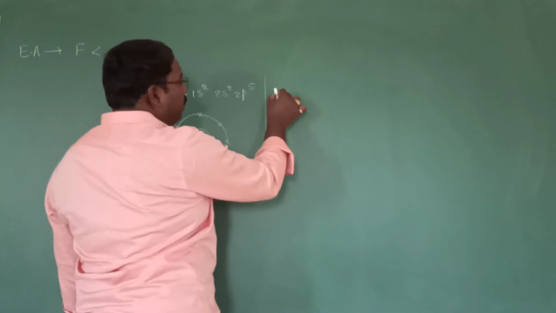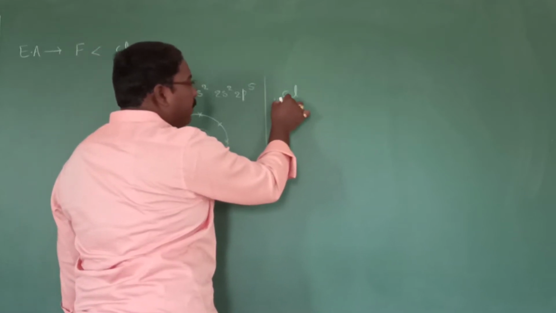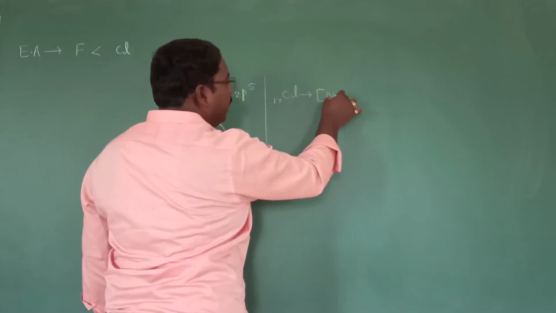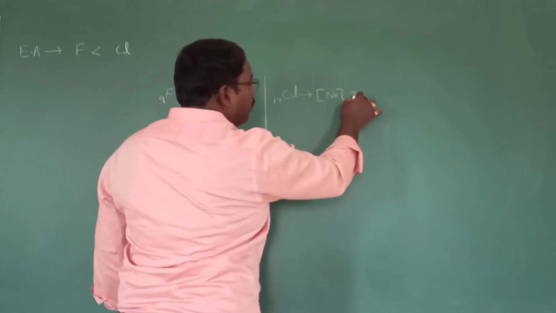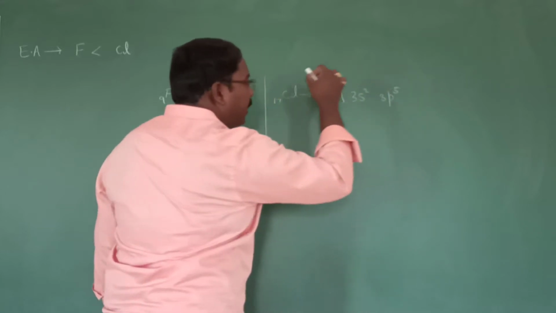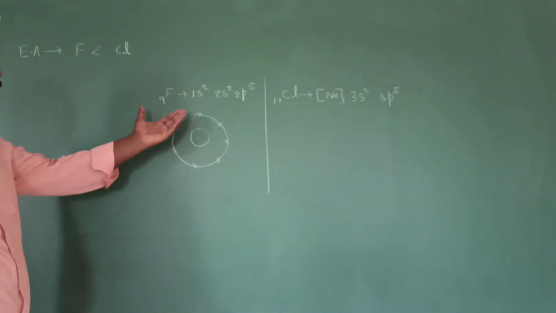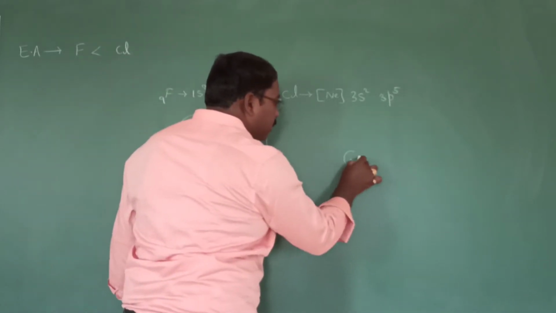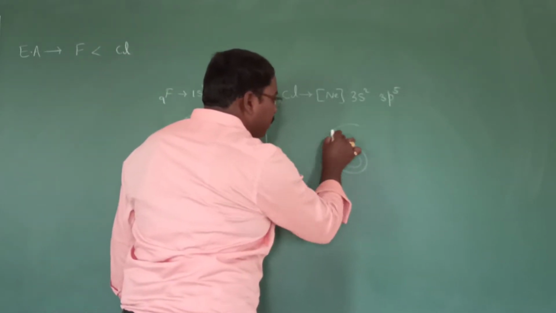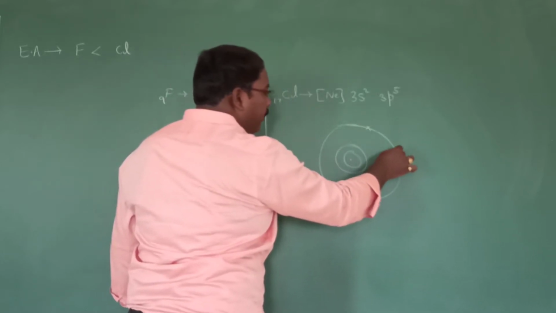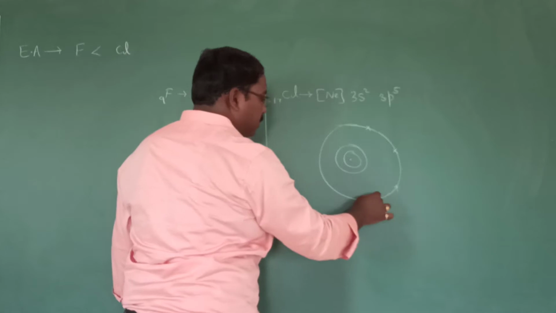Now coming to the chlorine atom. Chlorine's atomic number is 17, and its electronic configuration is neon 3s2 3p5. Both are same-group elements, so they have similar electronic configurations. Here also there are 7 electrons.